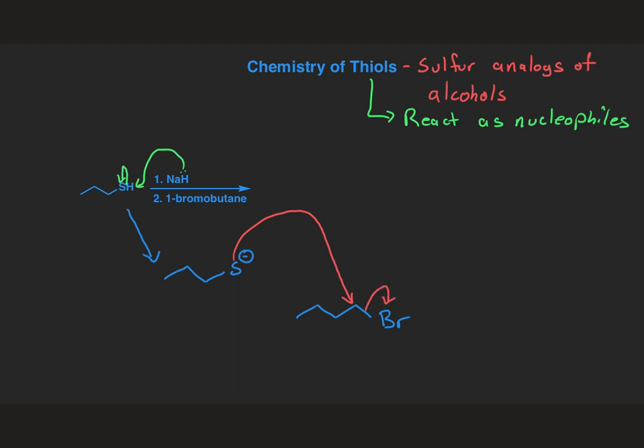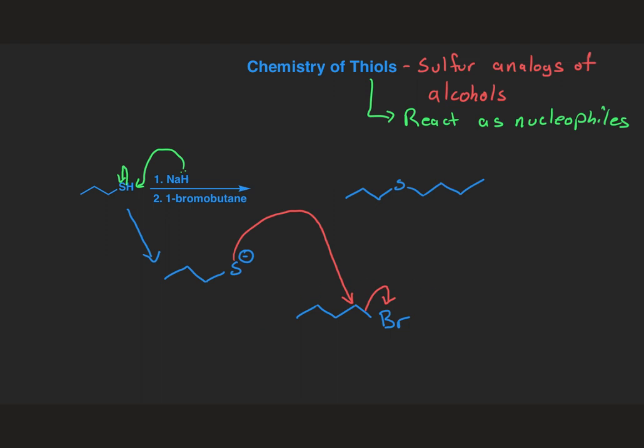The bromide is going to leave. That's going to leave you with a sulfide, which would be an ether analog, or a sulfur analog of an ether, where we have the propane group here that came from our thiol and the butane group here that came from the alkyl bromide.